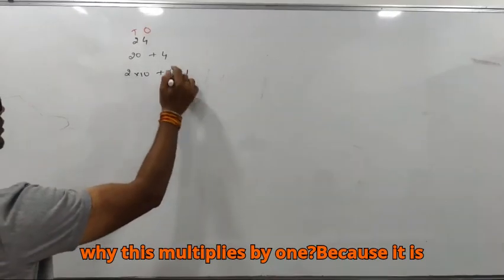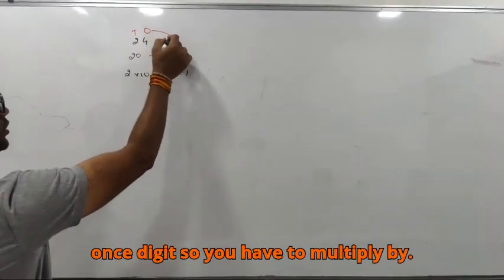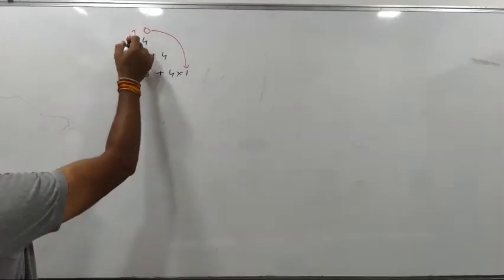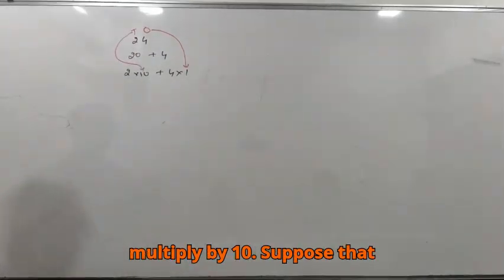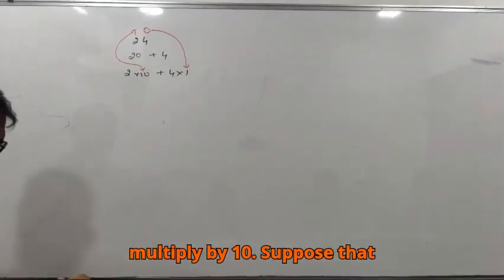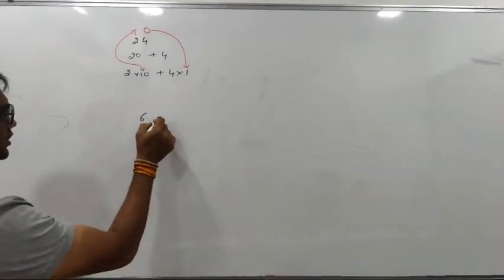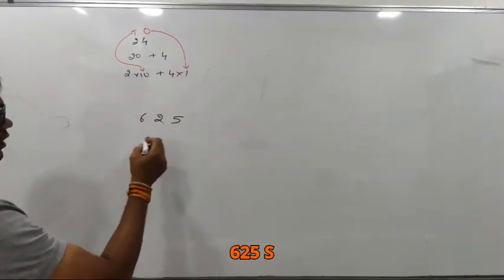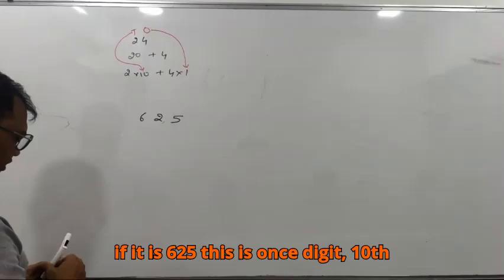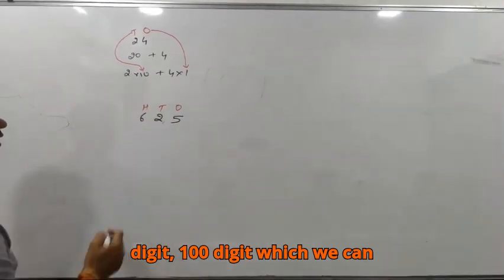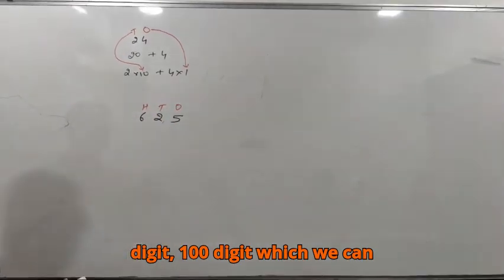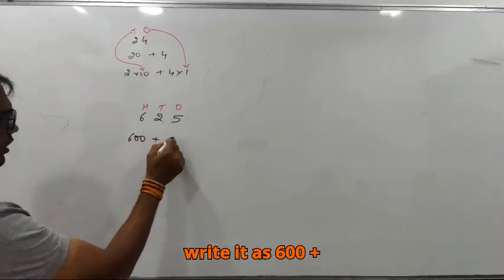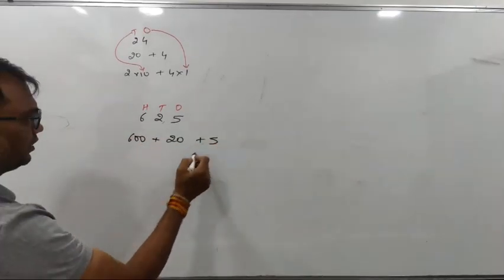So why this multiplies by 1? Because it is ones digit, so you have to multiply by 1, and this is tens digit, so you have to multiply by 10. Suppose the number is 625. This is ones digit, tens digit, hundreds digit, which we can write as 600 plus 20 plus 5.